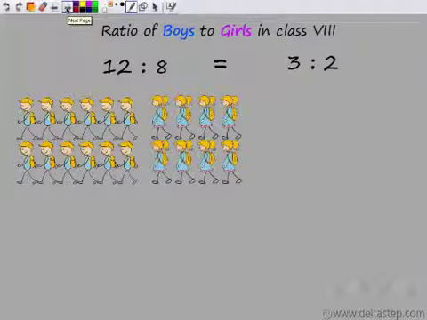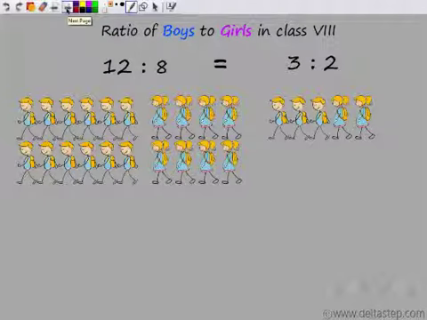Now what does this 3:2 mean? How can I read this? Now 3 plus 2 is 5. That means in 5 students, I would have 3 boys and 2 girls. Now what about the rest of the class?